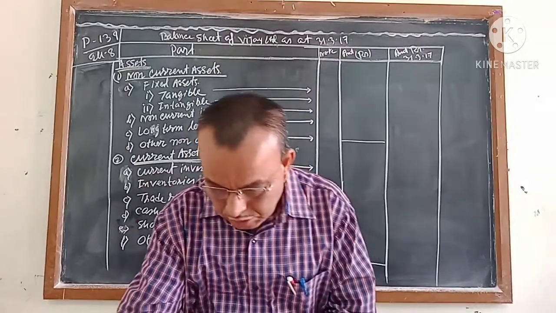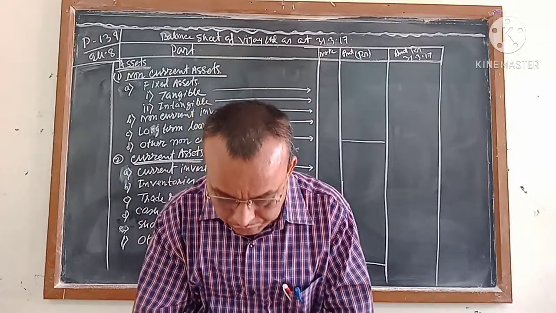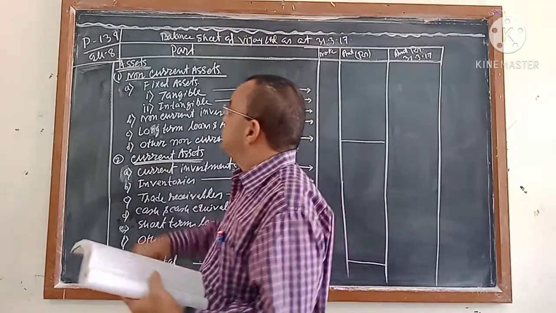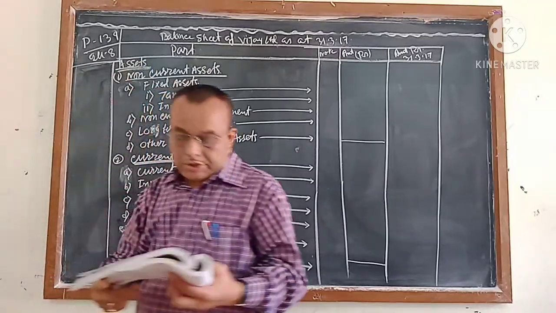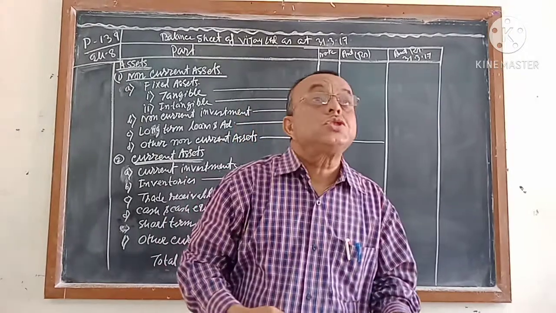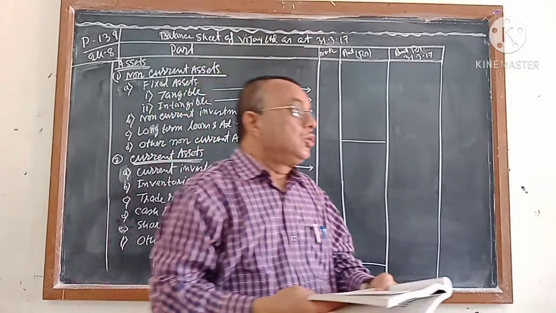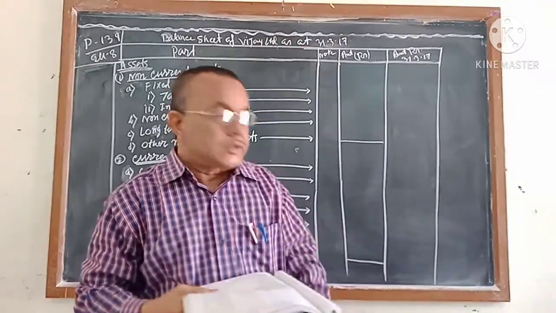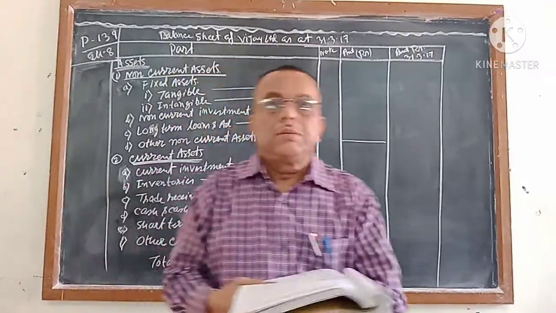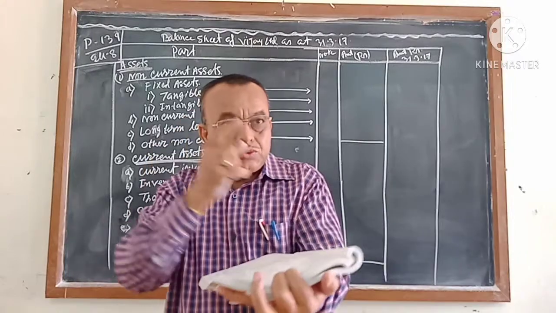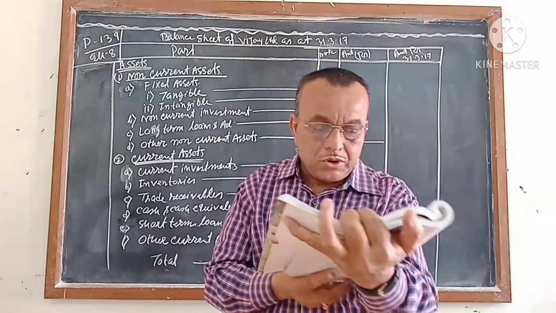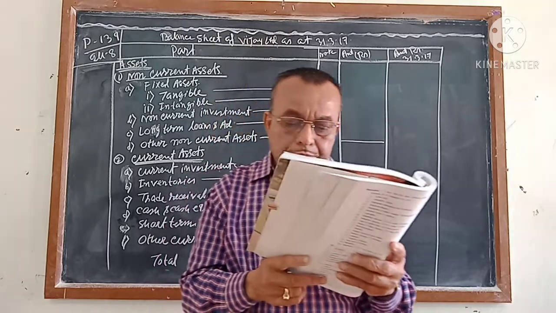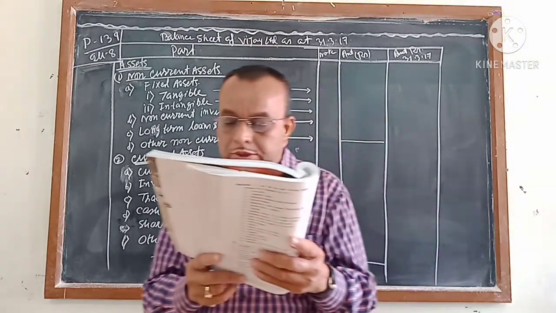Let me read the question first, page number 139, illustration 8. After reading the question, you will decide whether you have to draw the asset items or the liability items. Already I have written it here, but by reading the question you have to take the decision. Following balances are taken from the books of Vijay Limited as on 31st March 2017.